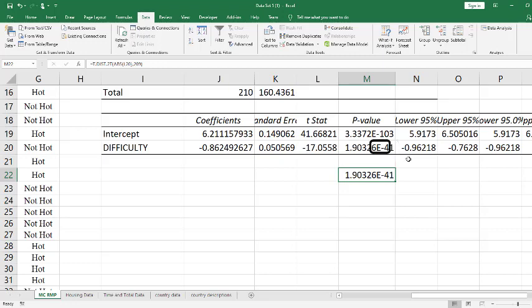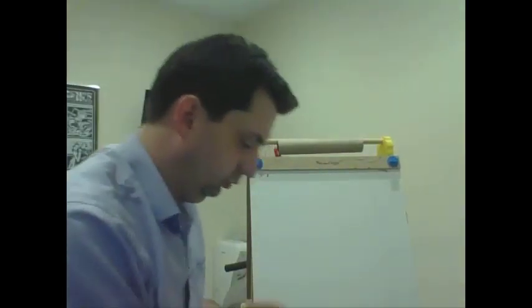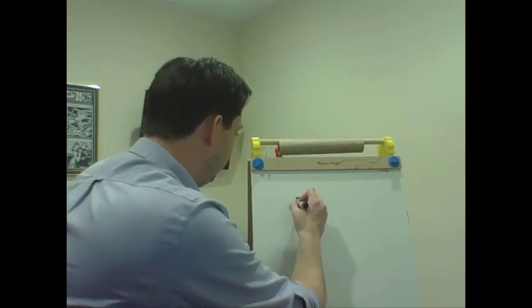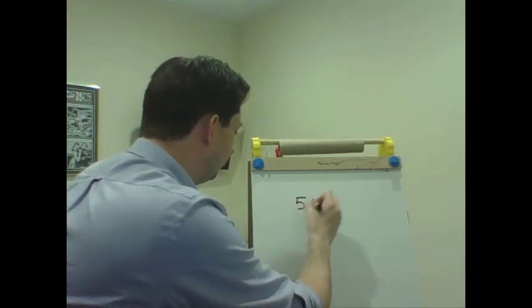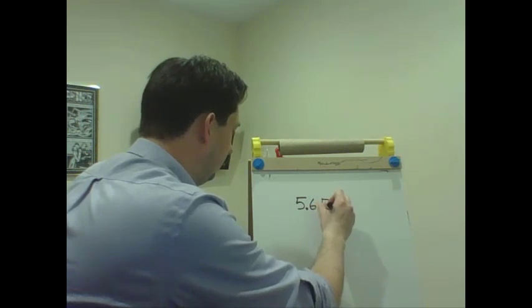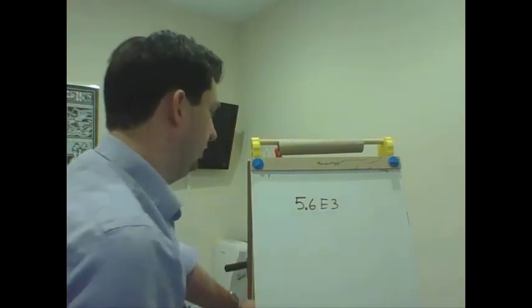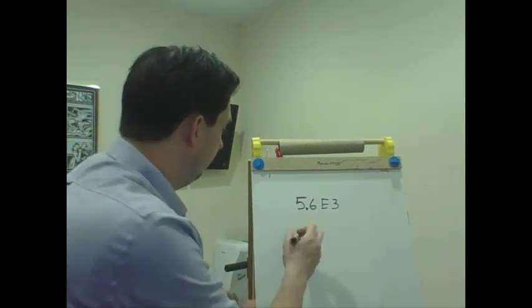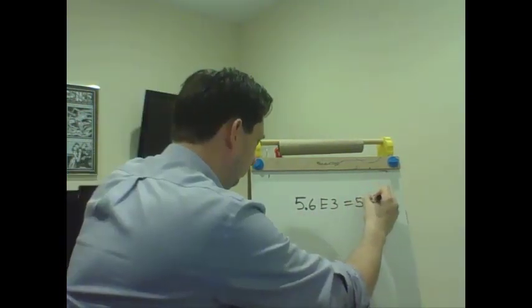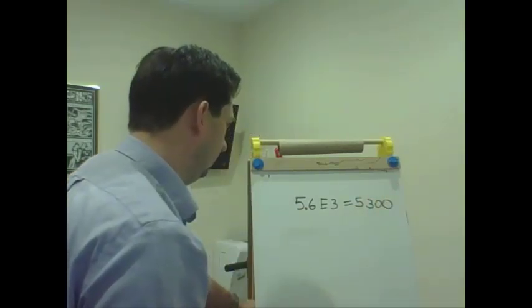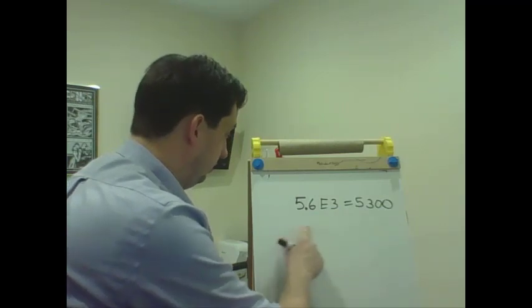That E that you see is scientific notation. If I have 5.6 E3, then that means it is 5,300.